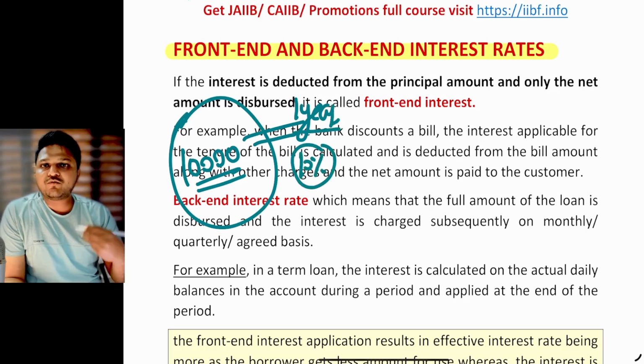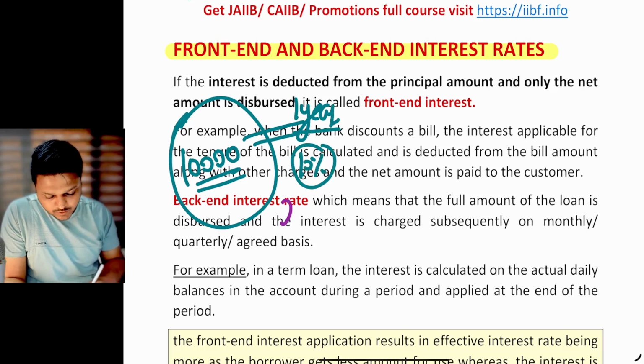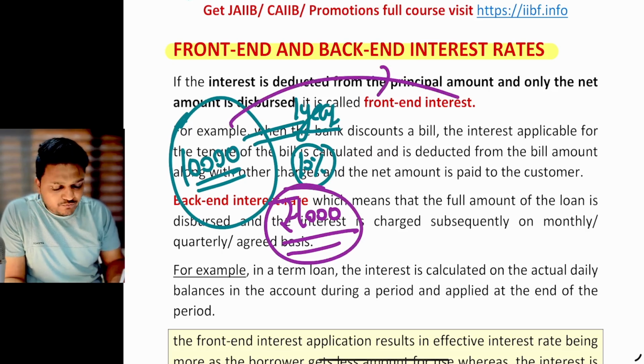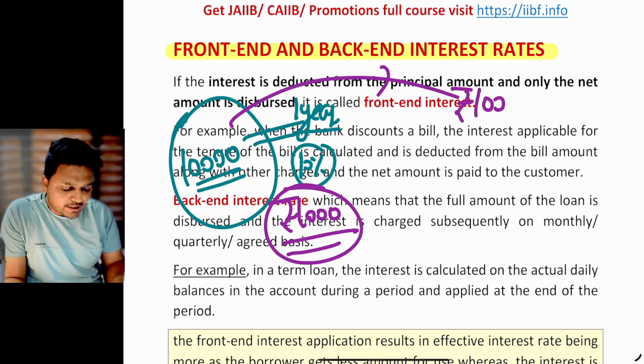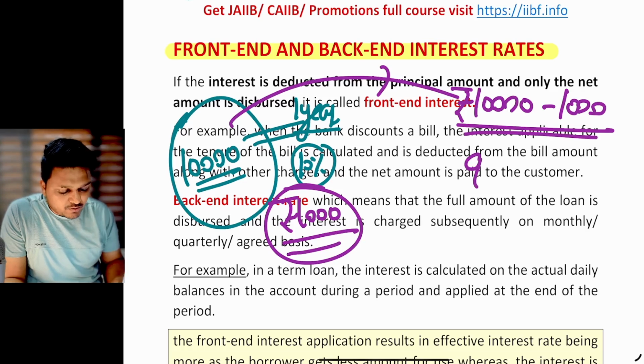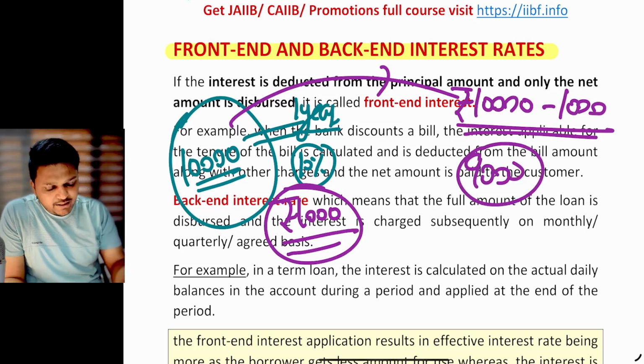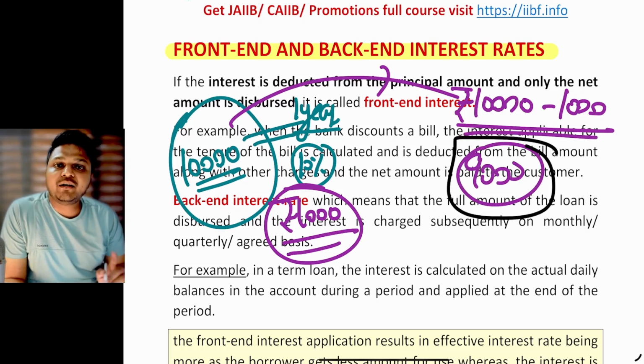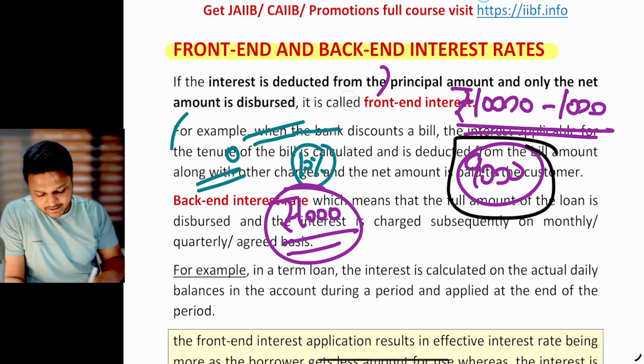And the total interest which was to be charged, let's suppose it came out to be rupees 1,000 for one year, right? So now the total amount which will be disbursed to you will not be equal to 10,000, but it will be 10,000 minus 1,000. So it is 9,000. The interest is already deducted, right? So this is the front end interest rate.